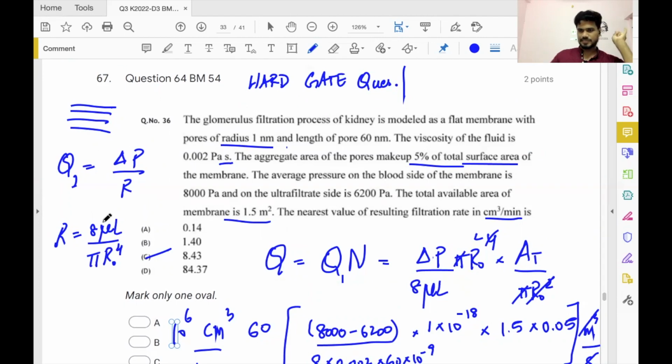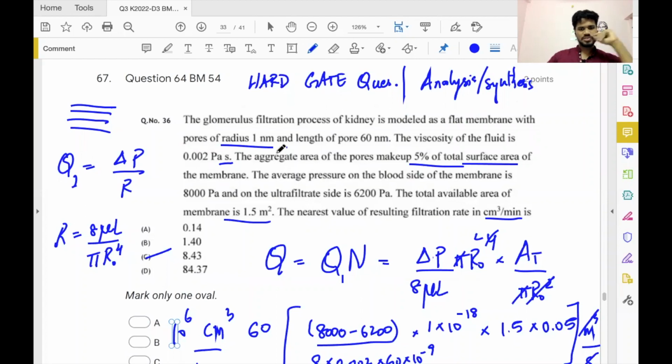It's not directly this. You have to realize you can apply this. If you know the flow in one pore, we can find the flow in all the pores. You have to do that synthesis. So analysis synthesis, it's a very hard type of question.